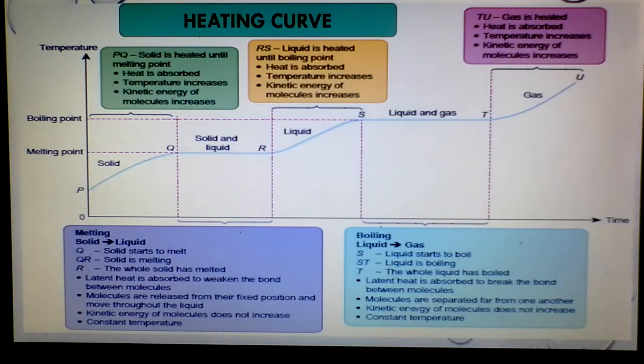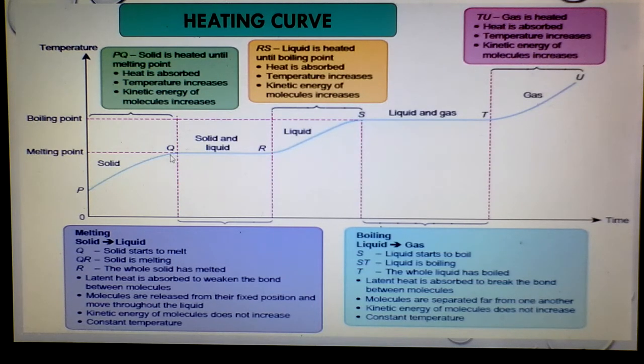Now when we discuss change of phase, last time in 4.2 we discussed heat capacity, you still remember. So now we are going to apply it when we discuss the heating curve. A heating curve is a process where we supply heat and cause the temperature to increase, and change of phase also occurs. Now look at this one. At point P, the state of matter is solid.